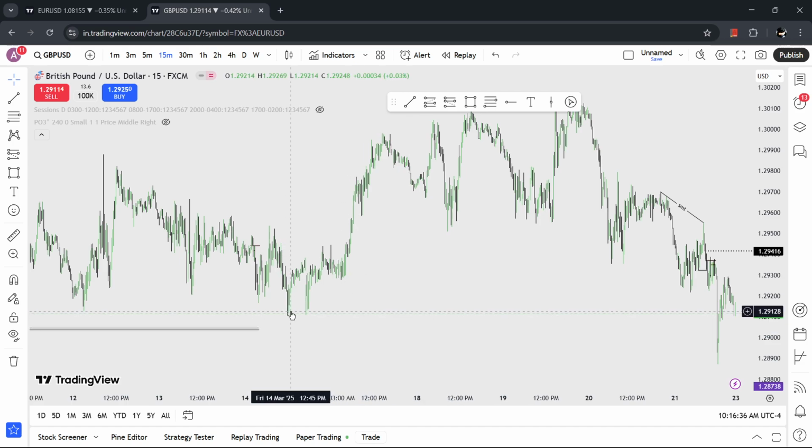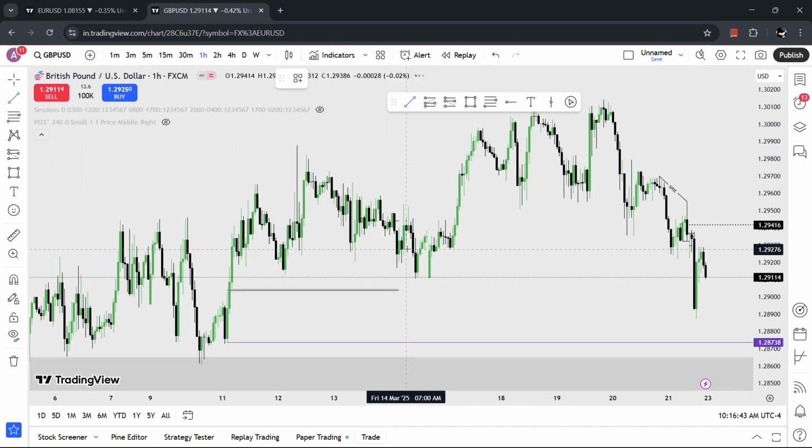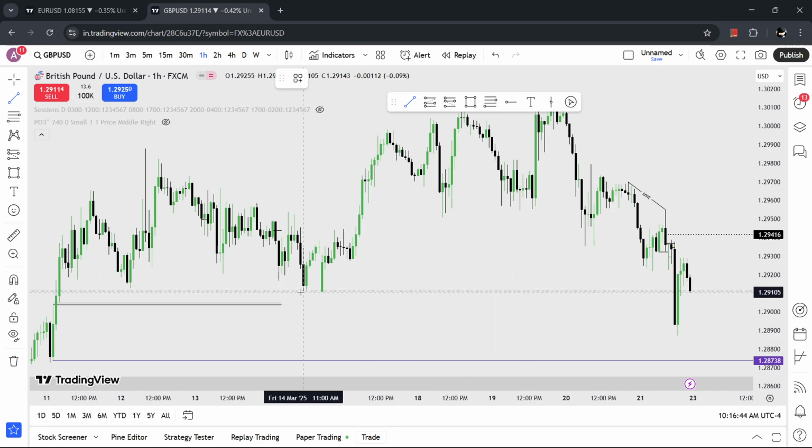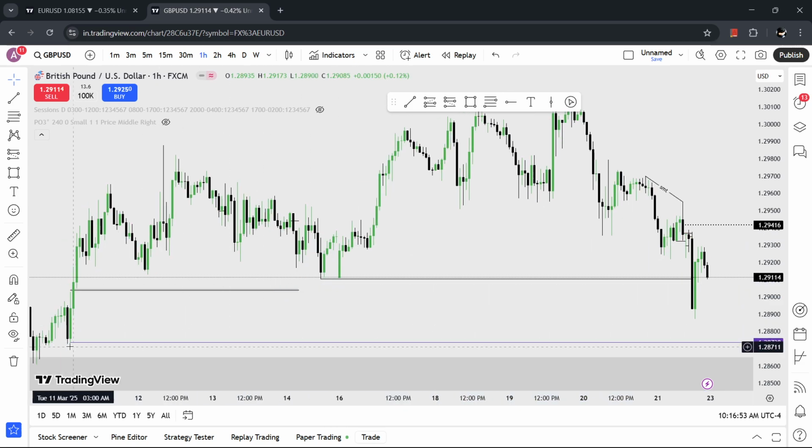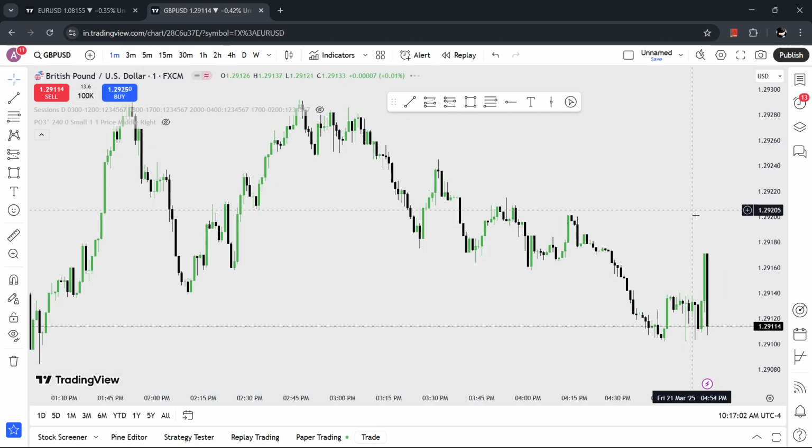So this relative equal highs. Sorry, relative equal lows. Right here. This could be your target. Okay. This is going to be a major sell side or major low. Okay, and you have this order block here. I'm not going to get into that.